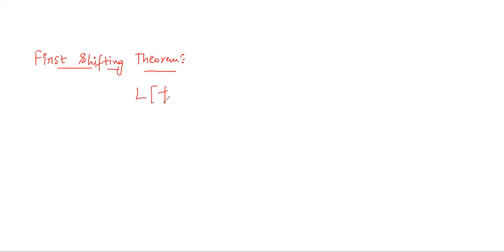If you know the Laplace transform of a particular function, and you multiply that function with e raised to power ax, then P will be changed to P minus A. This is in short, and we have already done questions for this one.